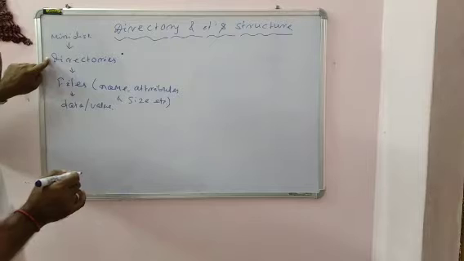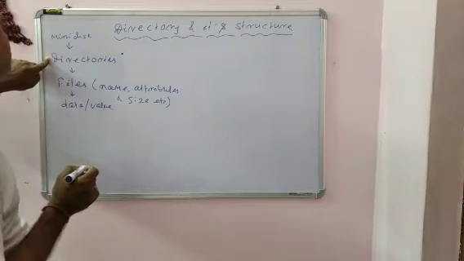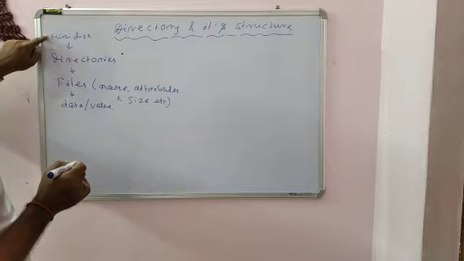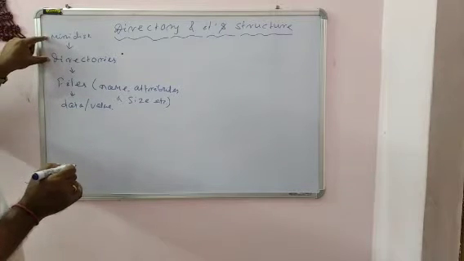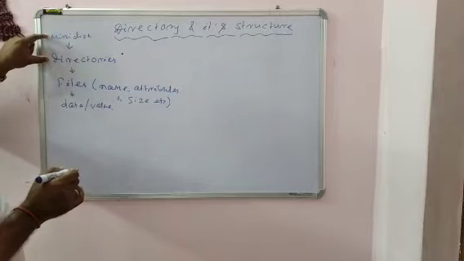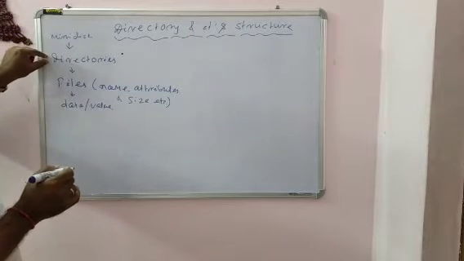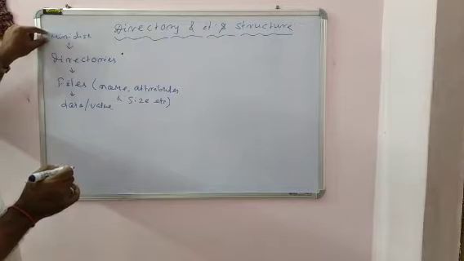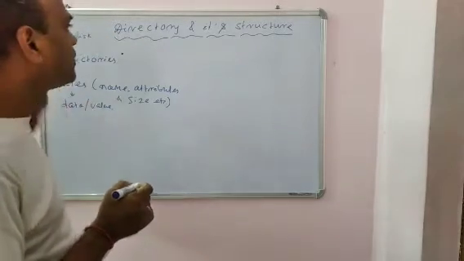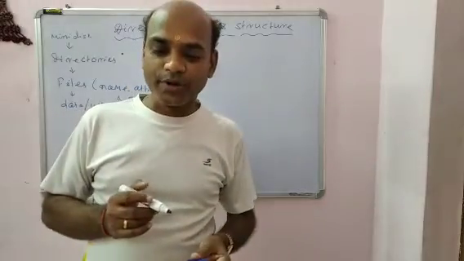That is not the entire disk, but a part of the disk. That is the directory, and the mini disk is the collection of directories. Several directories are stored in the mini disk or hard disk. This is the logical architecture of the directory.